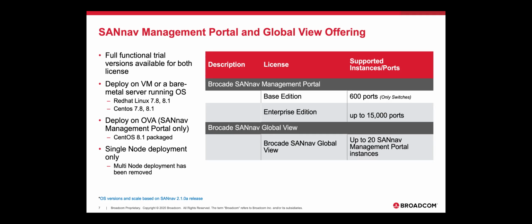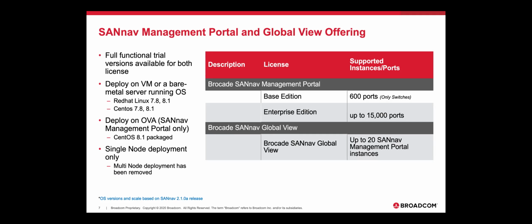With SANNAV, even at 15,000 ports, the performance and the user experience is seamless. That's what it means to scale. And I'll talk about the scale a little bit later. And on SANNAV Global View, we only have one edition of Global View that, in terms of scale, is allowing you to manage up to 20 SANNAV Management Portal instances.